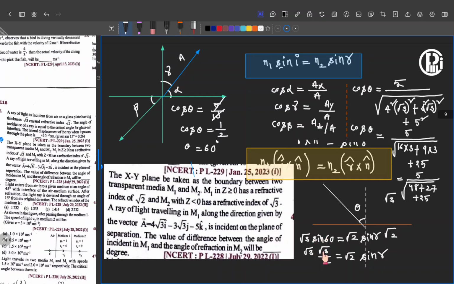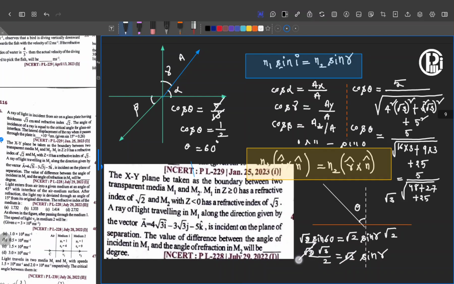Root 3 by 2. This is root 2 here. So root 2 into sine 60, root 3 by 2.